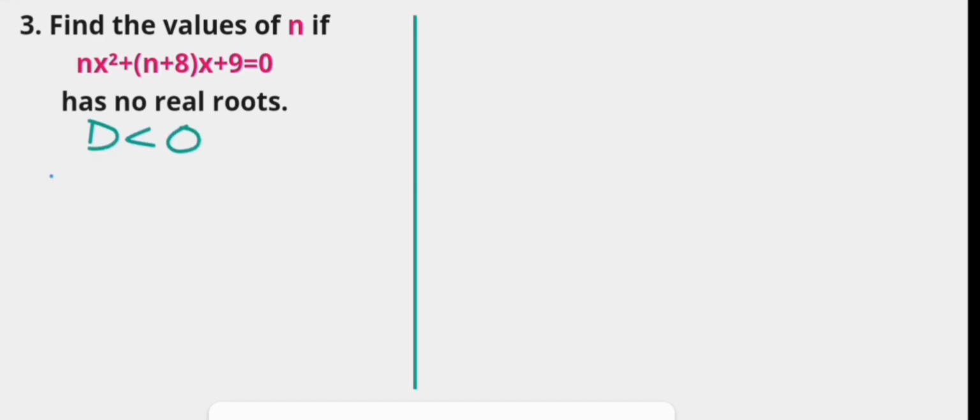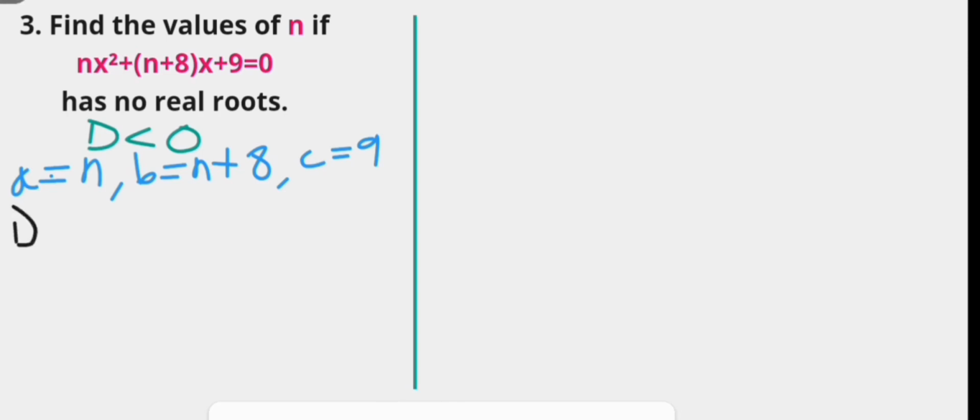To find the discriminant d, a is n, the coefficient of x squared, b is n plus 8, and c is 9. Putting this into the discriminant formula, b squared minus 4ac, we have the discriminant d to be n plus 8 squared minus 4 times n times 9.